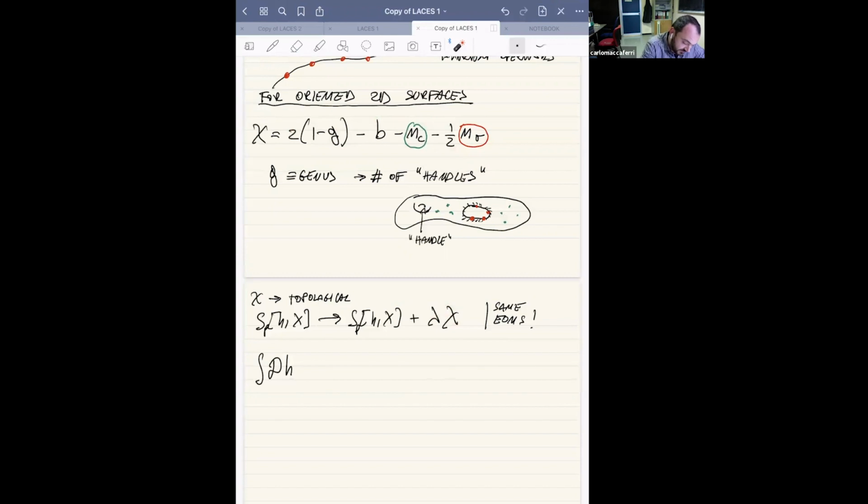So that means that the integral over the metric will naturally split into a sum over topologies, where h star, let's say, is a fixed topology.